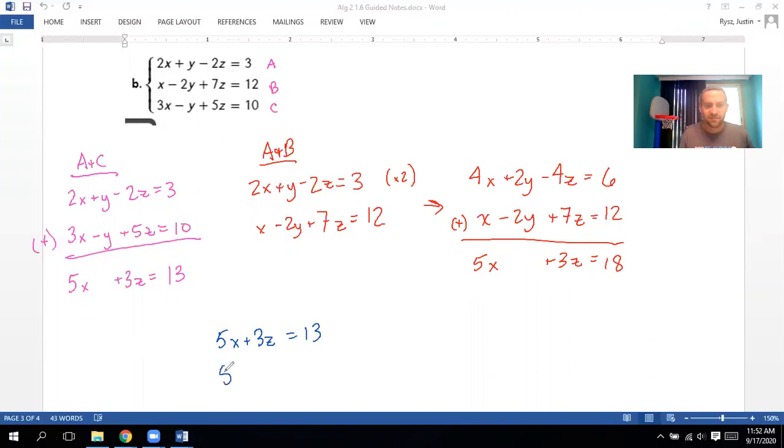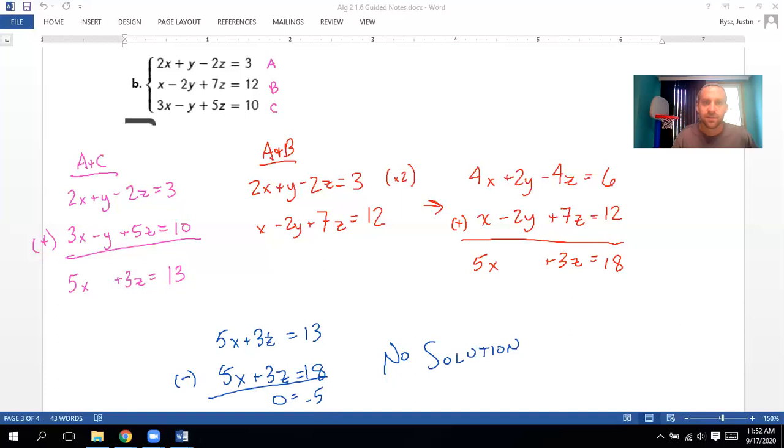The other one, I got 5x plus 3z. I'm just double checking that these are pluses. Yep. Equals 18. Now you can see if we eliminate them, they go away. We get 0 equals negative 5. So this one is a no solution. Okay. So hopefully you guys see what happens here.